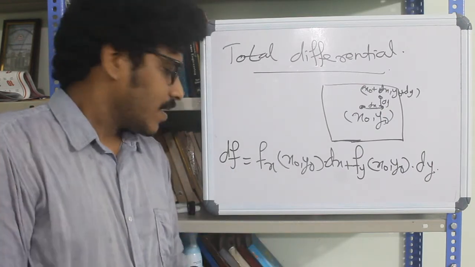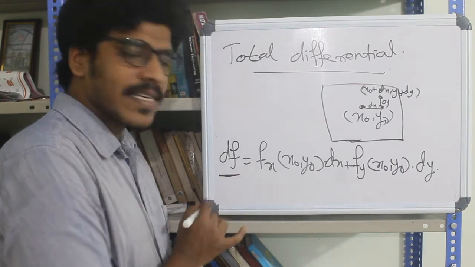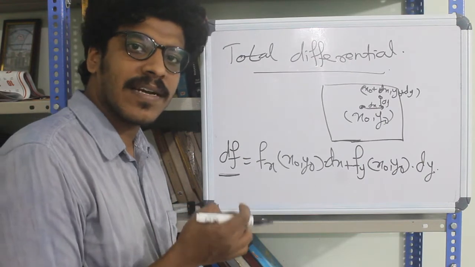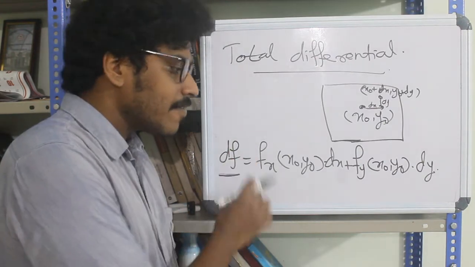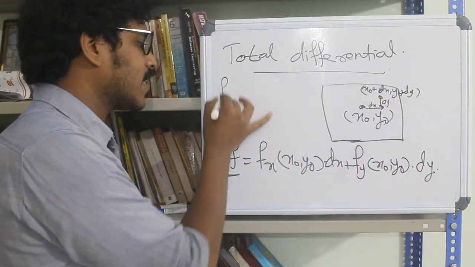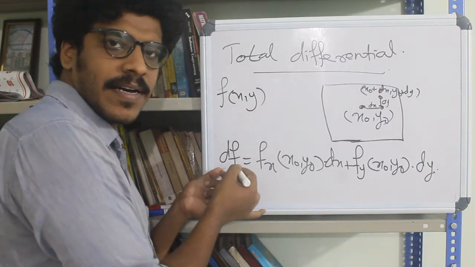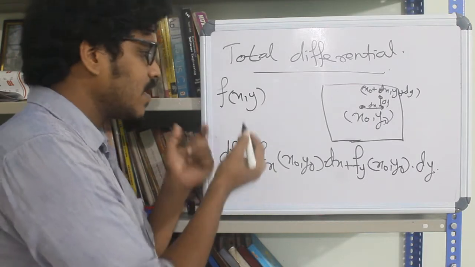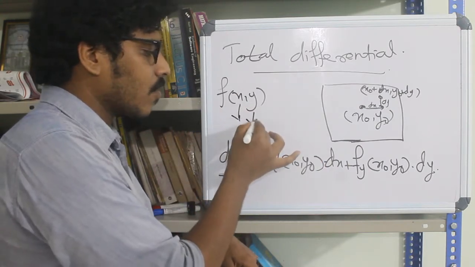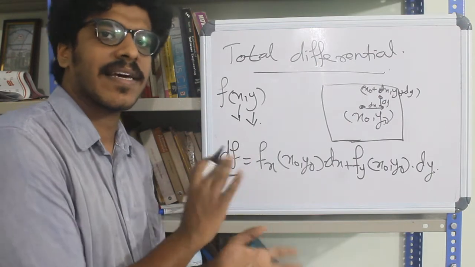In fact, this expression of df, the total differential, is capable of giving a better approximation for the change of f with respect to a change in x and y. If you have a function f of x, y, the measure df gives us a better approximation for the change of f when we make a change in x or y. Don't get confused, we'll move to an example which will make things clear.